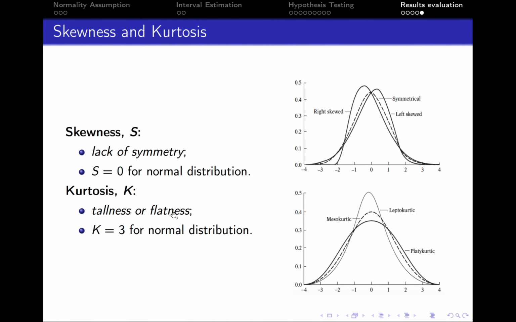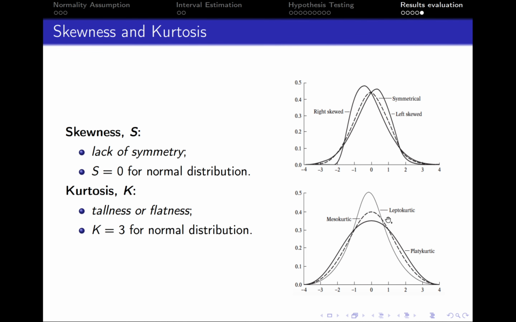As for kurtosis, this is the tallness or flatness of the curve. The dotted line is the case of normal distribution, and it is known as mesokurtic. So if the distribution curve is said to be mesokurtic, then it means that it is normally distributed.